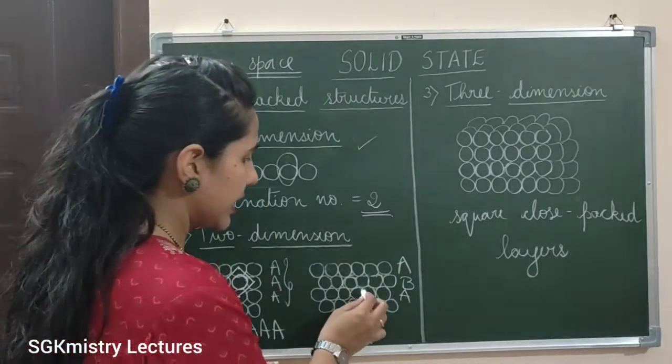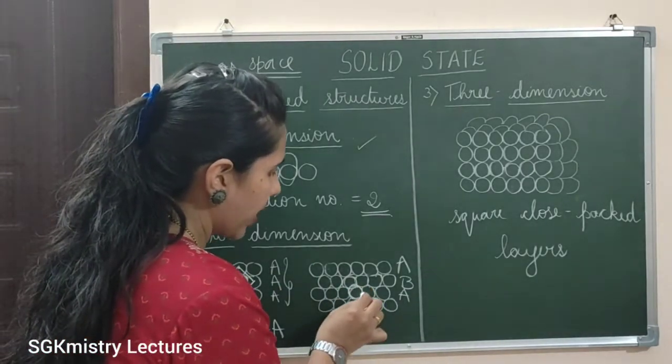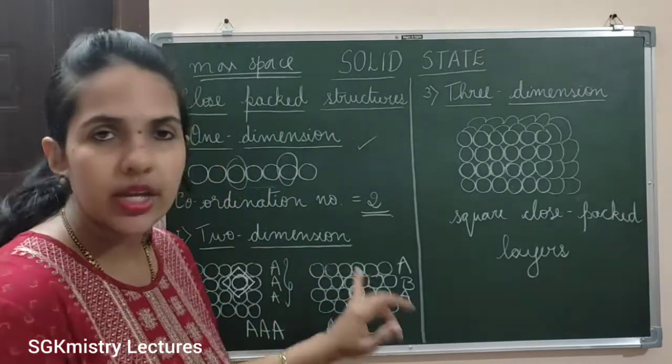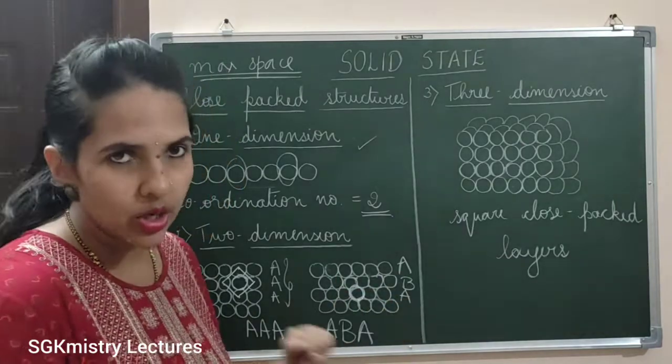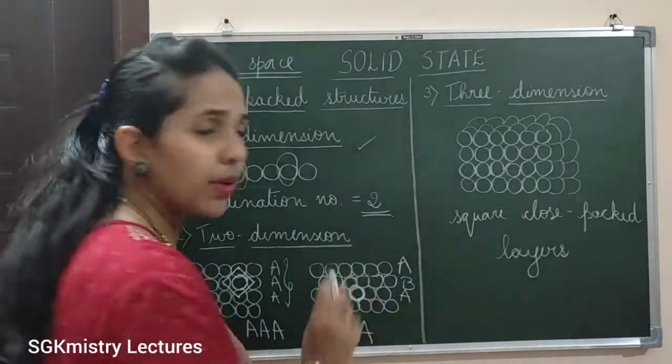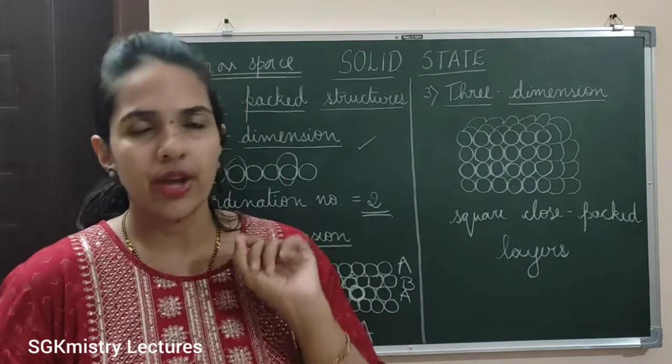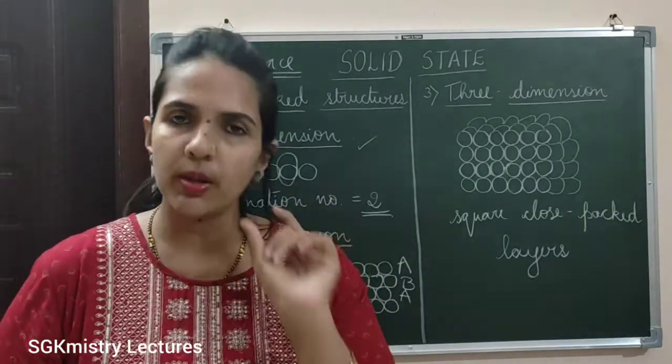Here, let me consider any one particle, let me consider this particle. Now we are calculating the coordination number of this particular particle. Coordination number is nothing but the number of neighboring particles for that particular particle.